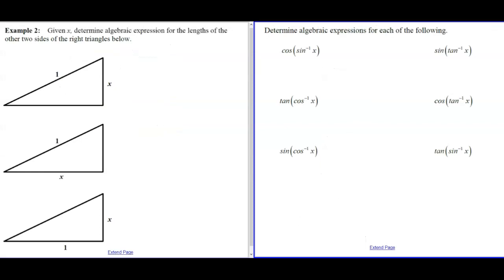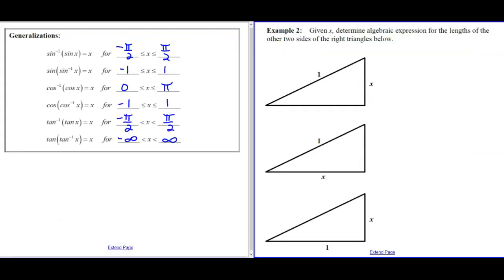You'll notice that they aren't the same trig ratio. There's a cos of a sine inverse, or a sine of a cos inverse, or a cos of a tan inverse. So they're harder because of that. We have to come up with a way of getting a relationship between them, so we're going to use these triangles to help us.